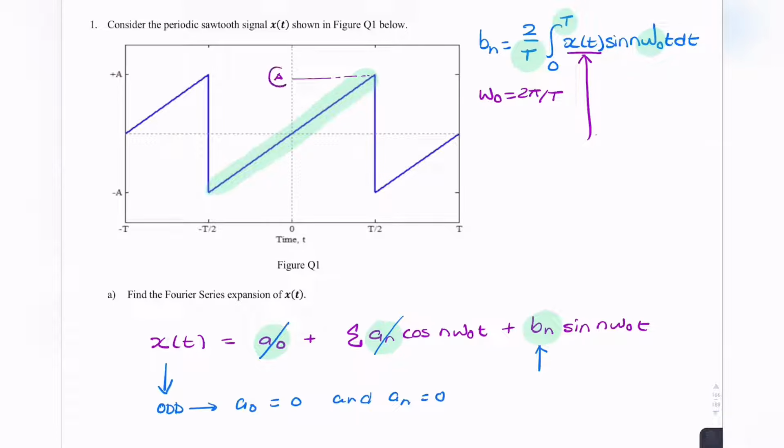If you divide that by that, you can say x of t equals a divided by T over 2 times t, which is simply 2a over T times t. So that would go in there.